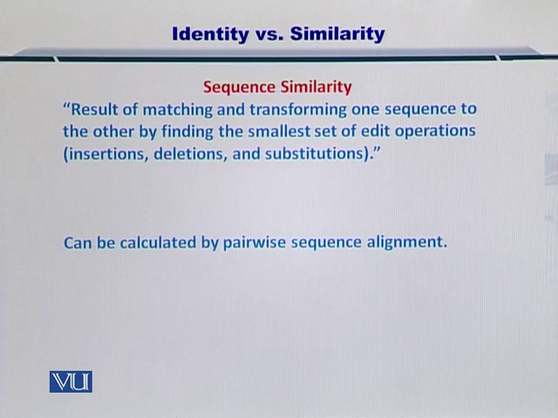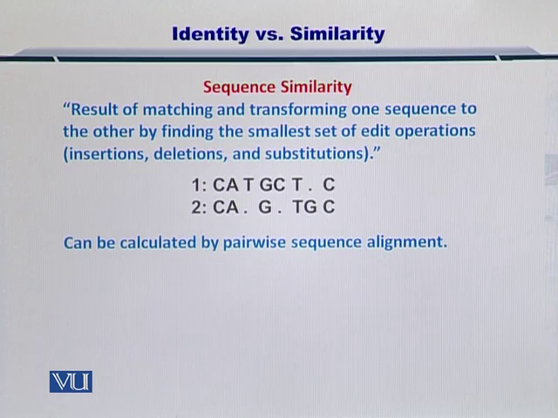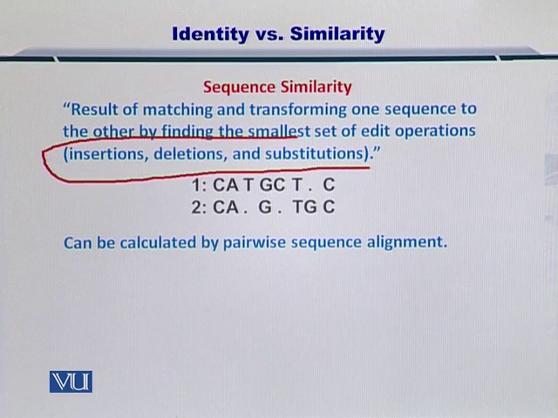So let's say if you had sequence 1 and sequence 2, then you would want to compare these two sequences by sliding them against each other such that the number of modifications you have to make in one of these sequences in order for the rest of the nucleotides to match requires a minimum number of deletions, insertions, and substitutions. So this is what is called edit operations.